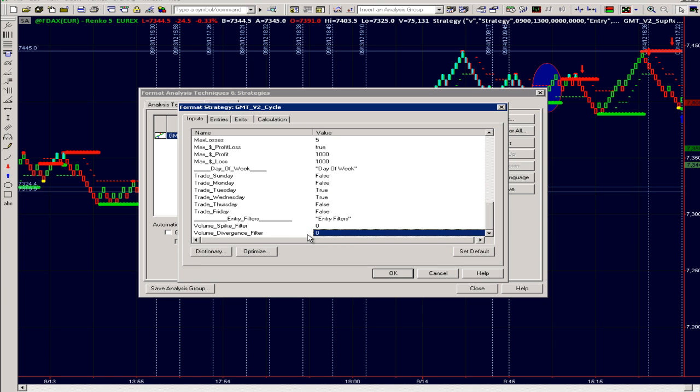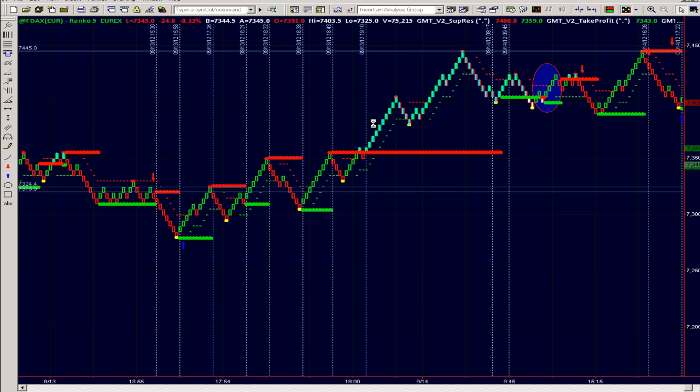So really, with volume spike, volume divergence, that's just our indicator to tell us where there's a divergence. Let's go through and do an example of this. Let's say we've got buying pressure coming in, buyers coming to the market, and the market's moving up, but that indicator is telling us we're losing the buying momentum.